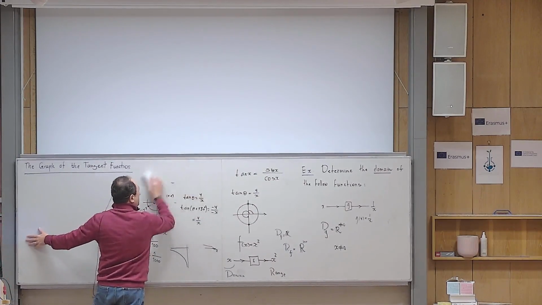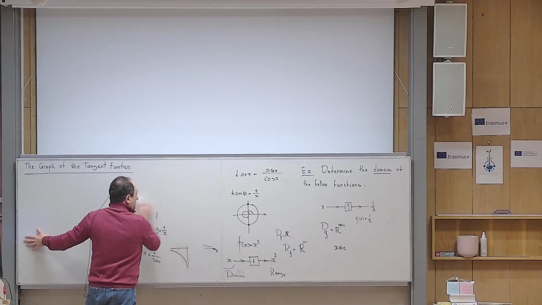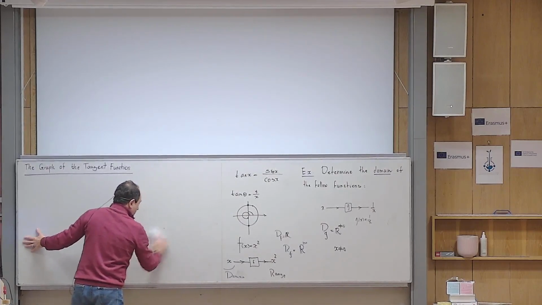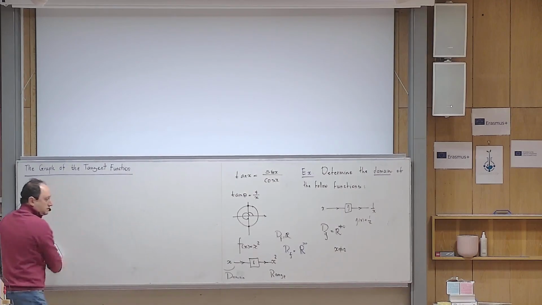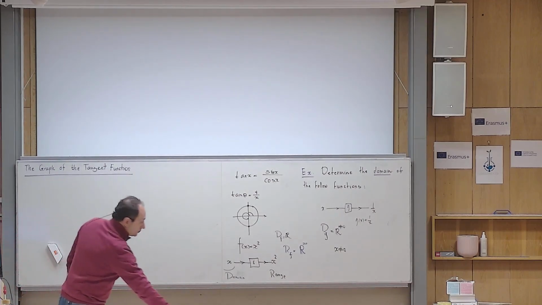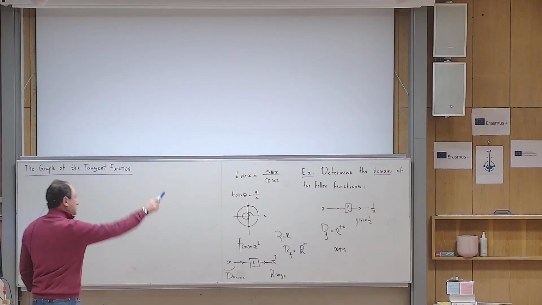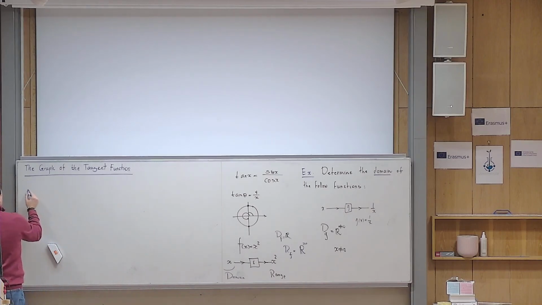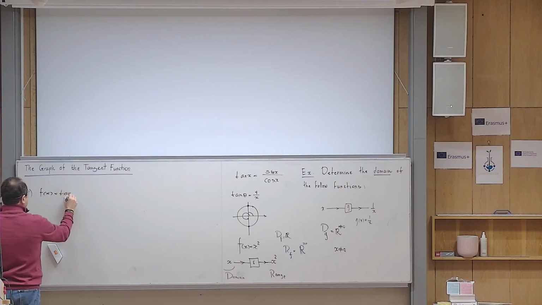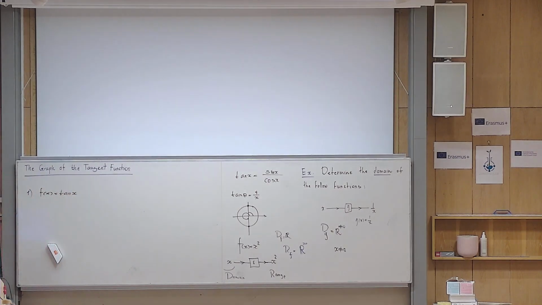How should I answer this question now? Let me write the simplest function that we want to talk about here today, and that is the tangent itself. Let me write number one. I'm just writing the example here. Number one, let me write, for example, f of x equals tangent of x. So I want to find the domain of this function.